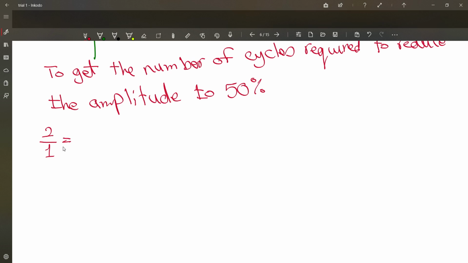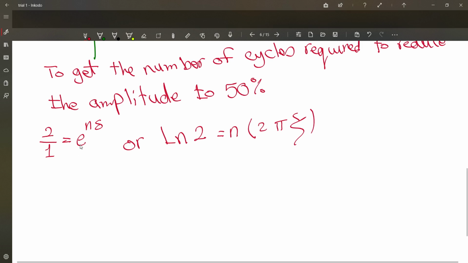So it is going to equal e raised to the n sigma, right? The number of cycles times sigma. Or we can take ln for both sides: ln 2, which is 2 over 1, equals n times 2 pi psi.